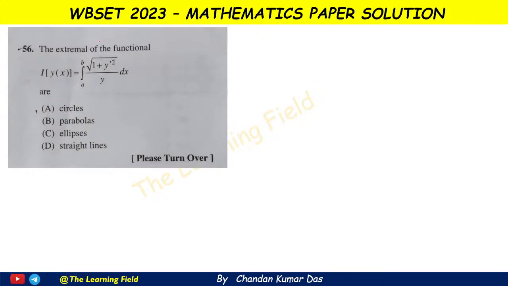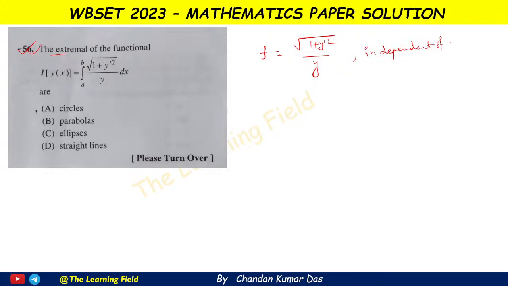In this question, I think there is a mistake, or I may be wrong, but let's start to solve. If we write the Euler-Lagrange equation first, f equal to, it is given, 1 plus y dash square by y. Okay, now this is what?